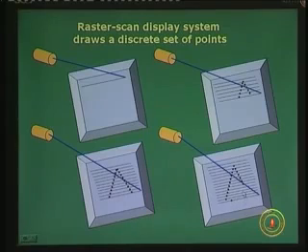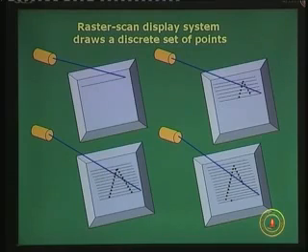Otherwise, for a simple picture which consists of 2 or 3 lines, the beam is essentially switched off for the majority of the scan, for the entire frame. It is only switched on on 1 or 2 occasions, or 1 or 2 points within a line. So that is an important part of point-based drawing for a raster scan display system.